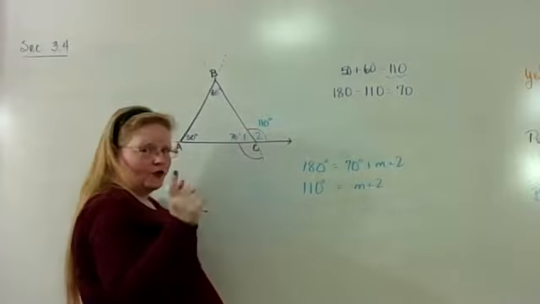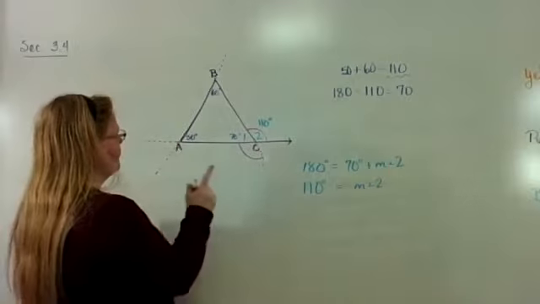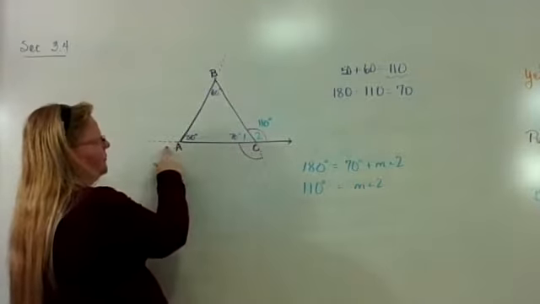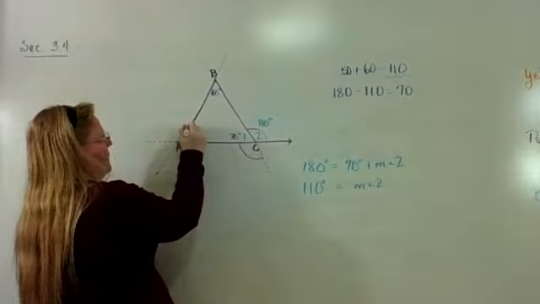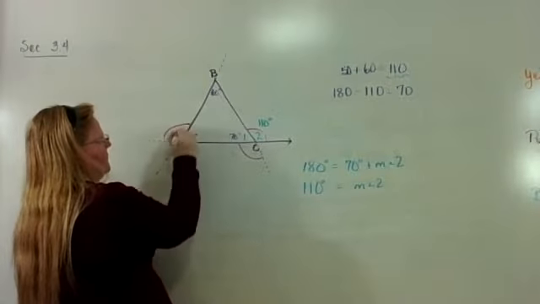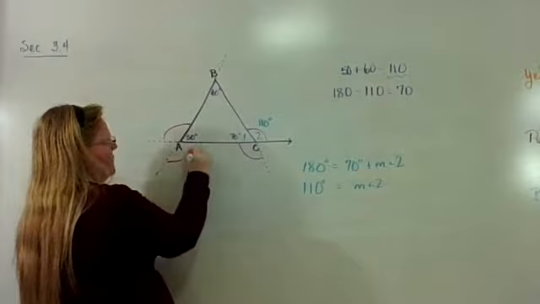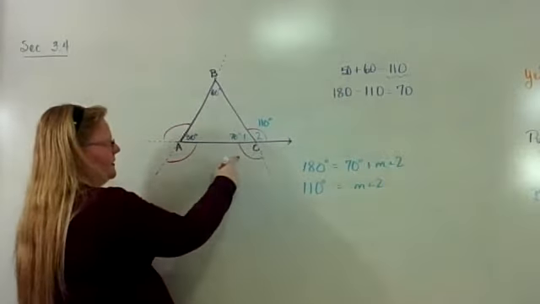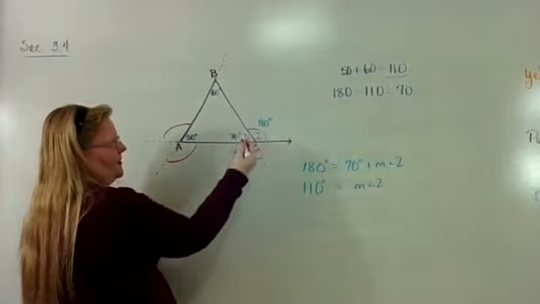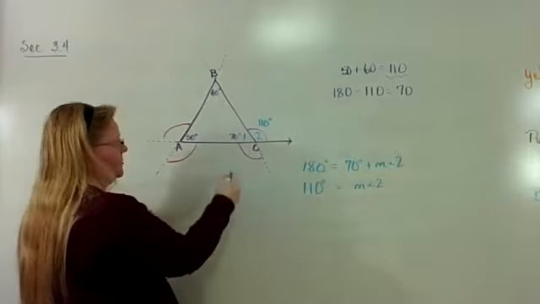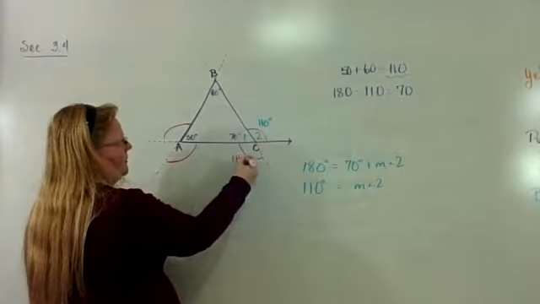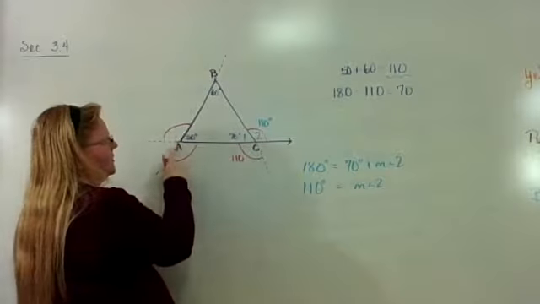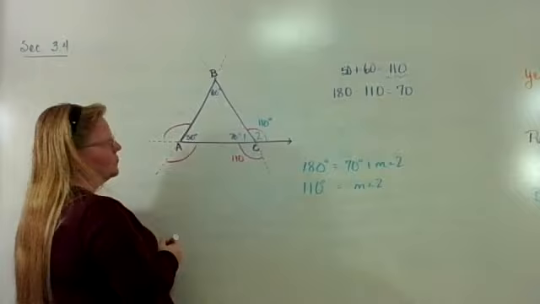Now, here's the rub. We have 2 more exterior angles over here. We have this one, and we have this one. Now, this angle has to be 110 because it has to be what that was because they're vertical angles. That hasn't changed anything. But over here, are these going to be 110?